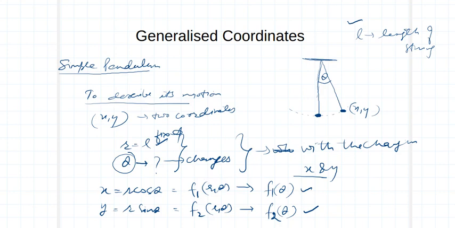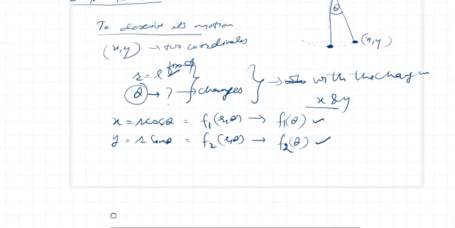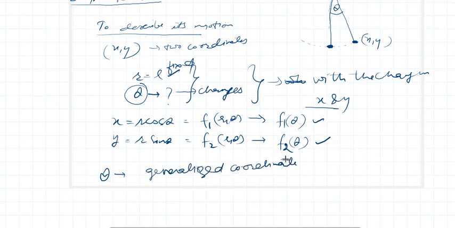Then this theta is known as the generalized coordinate to describe the motion of a plane pendulum or simply pendulum.